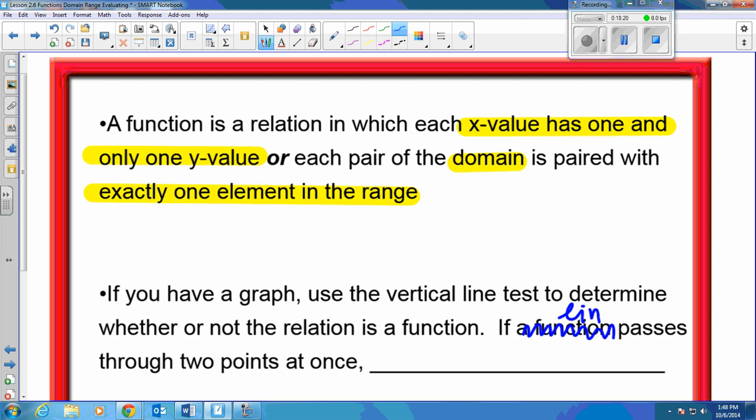If a line passes through 2 or more points at once, it is not a function.